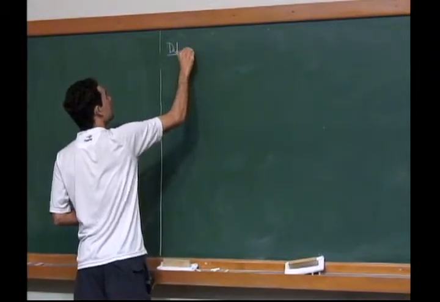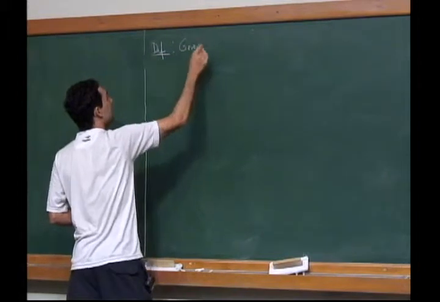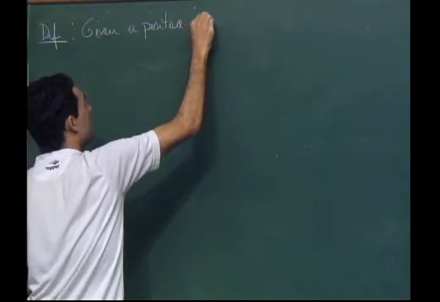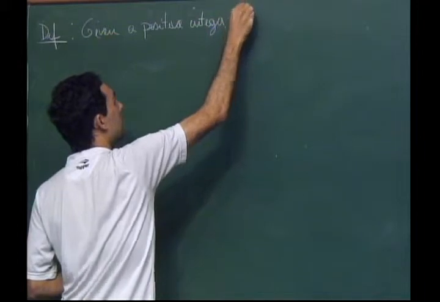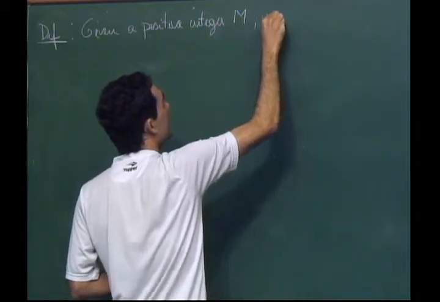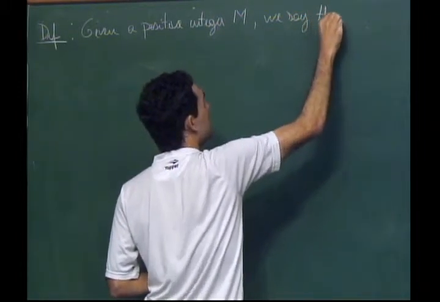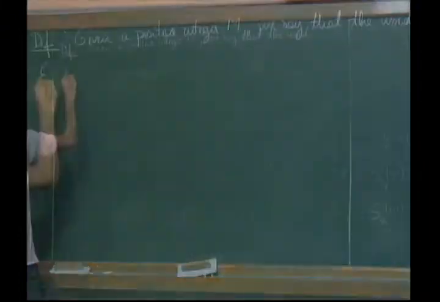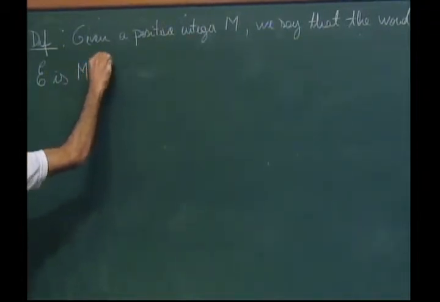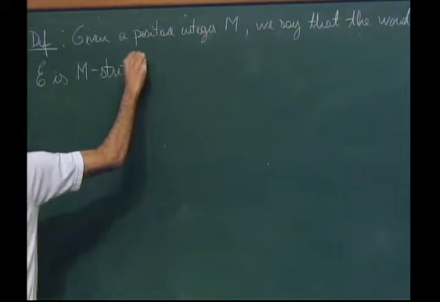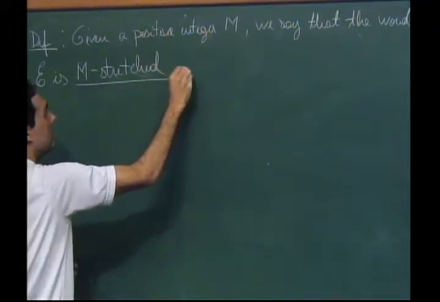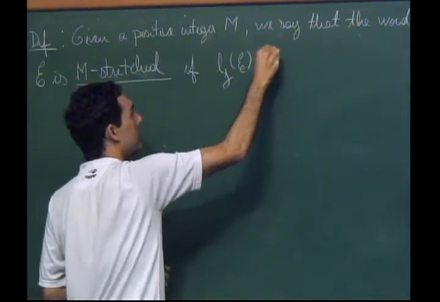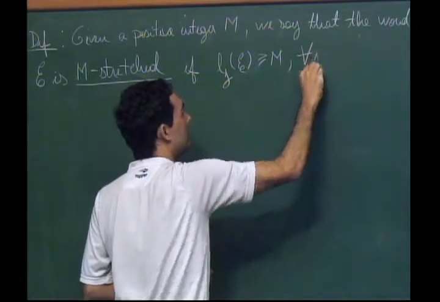Definition. Given a positive integer m, we say that the word psi is m-stretched if L_j of psi is at least m for any j.